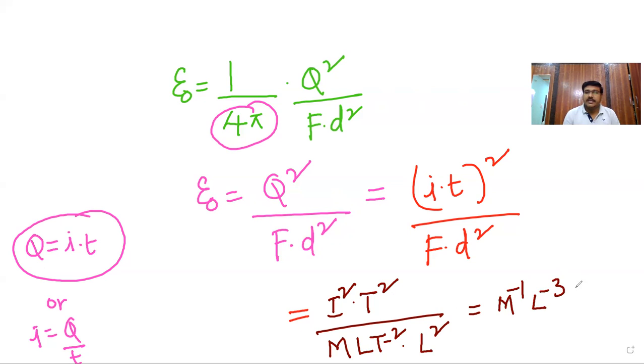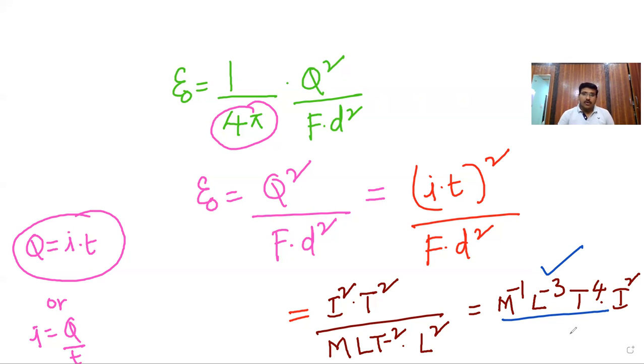If I take that side, T to the power of 4, then I square. This is the concerned dimension formula. M to the power of minus 1, L to the power of minus 3, T to the power of 4, and I to the power of 2.